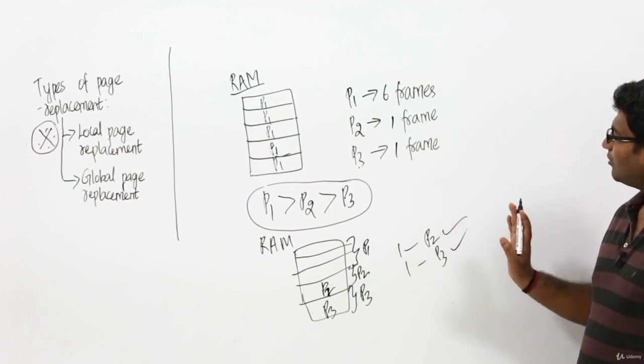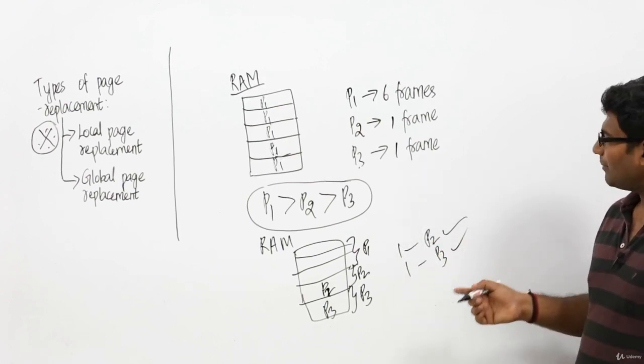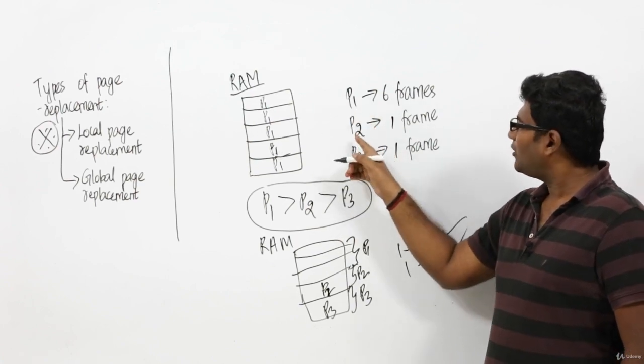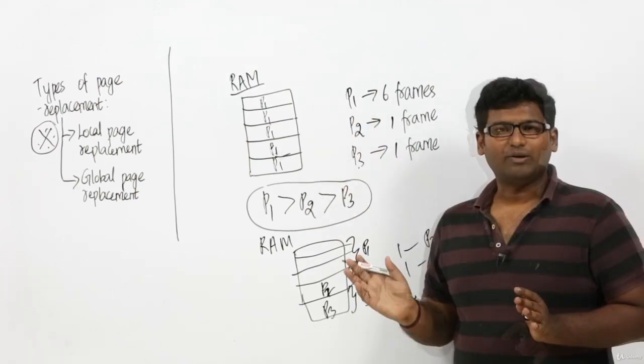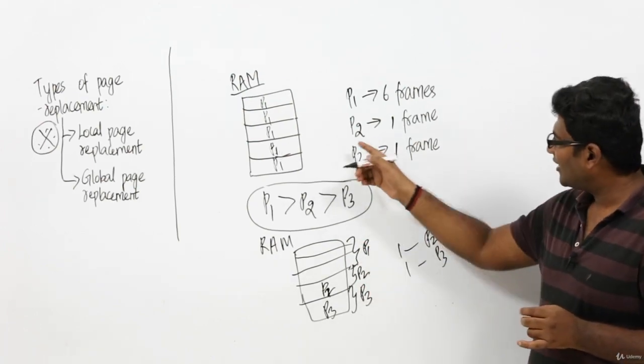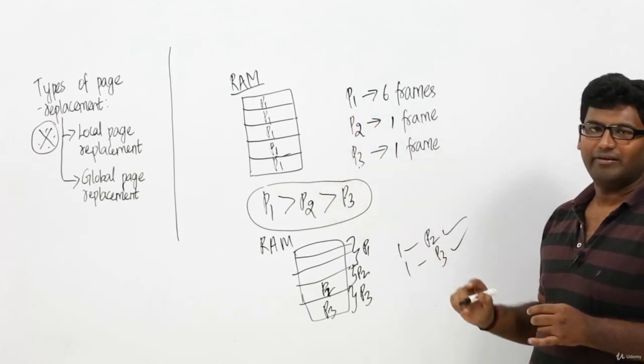So fine. Coming to this example, P2 and P3 are at least completing their execution. But coming to the other example, P1 is disturbing P2 and P3, right? See, one thing is P1 cannot complete its execution. But in this scenario, it is also disturbing other processes P2 and P3, right?